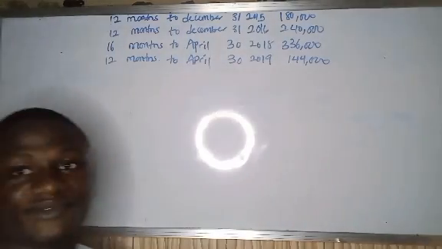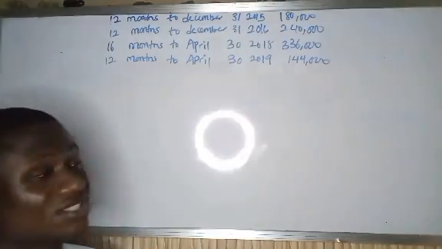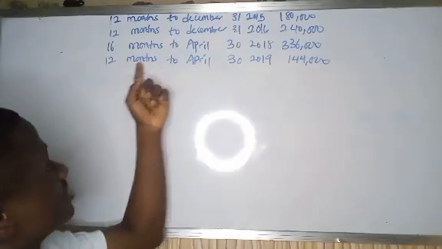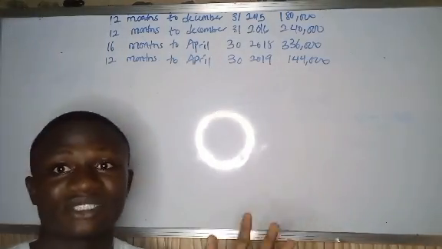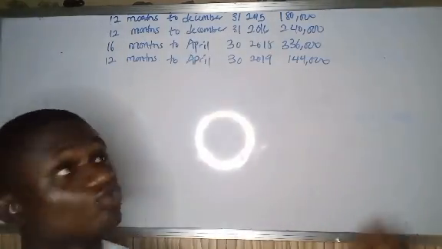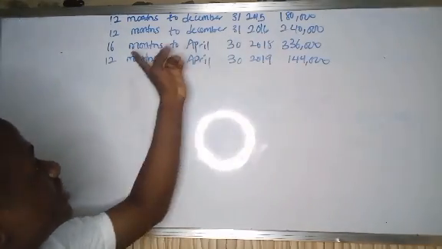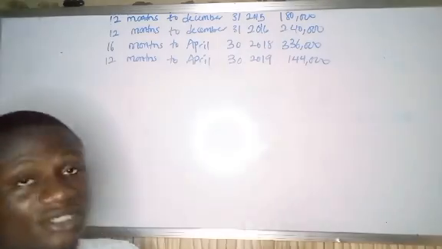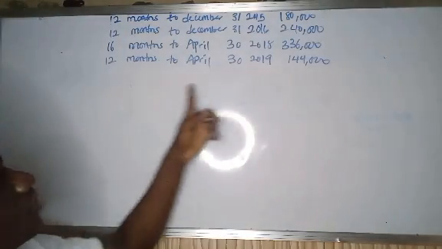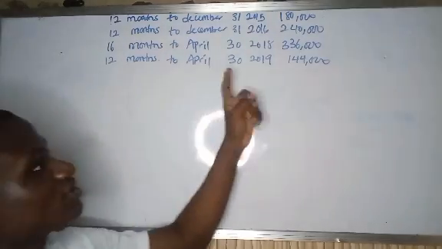They prepared 2015 to 12 months, 2016 to 12 months, but they did not prepare tax for 2017, so they shifted it to 2018, making it 16 months, and that was 336,000, and 12 months to April that year 2019, 144,000.